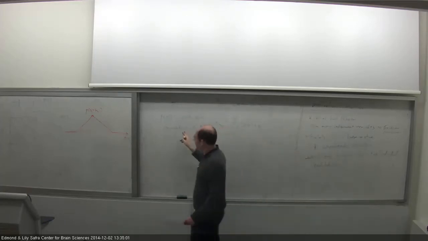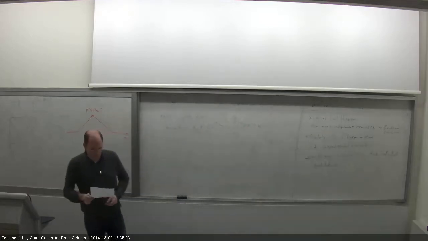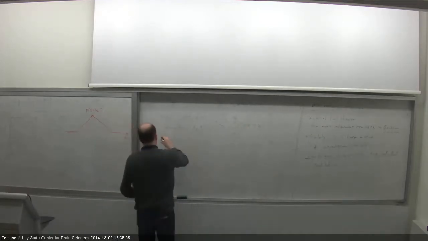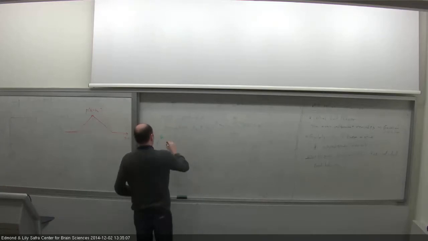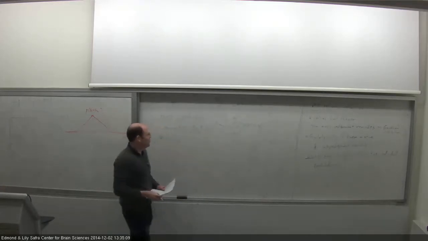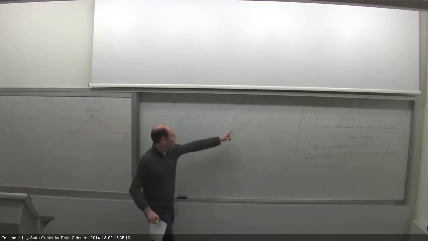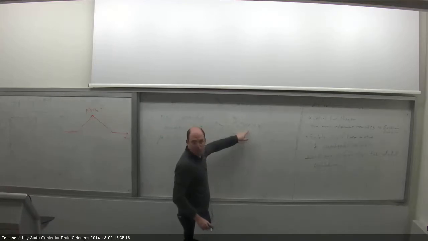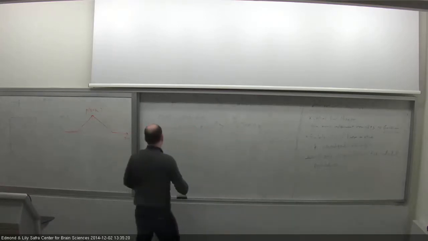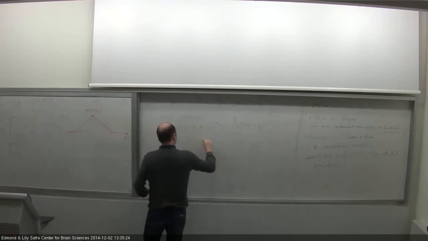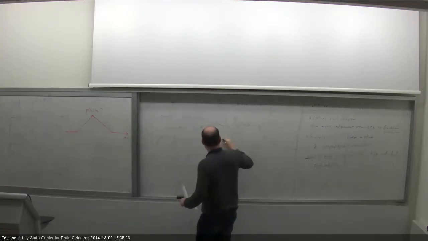So mu n is the nth moment of this probability distribution. And in particular, what is mu 0? It's 1, right? Because the integral of 1 times p of x dx is 1, p of x is normalized. So mu 0 is always 1. Mu 1 is the average of x. Mu 2 is the average of x squared, and so on.